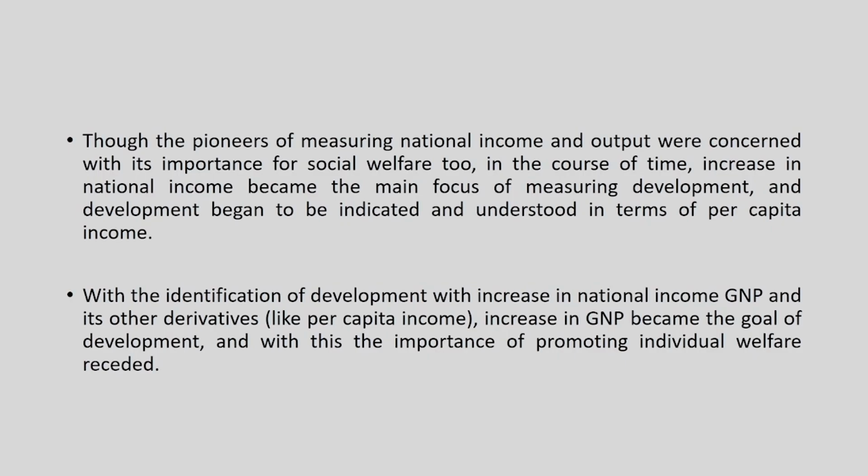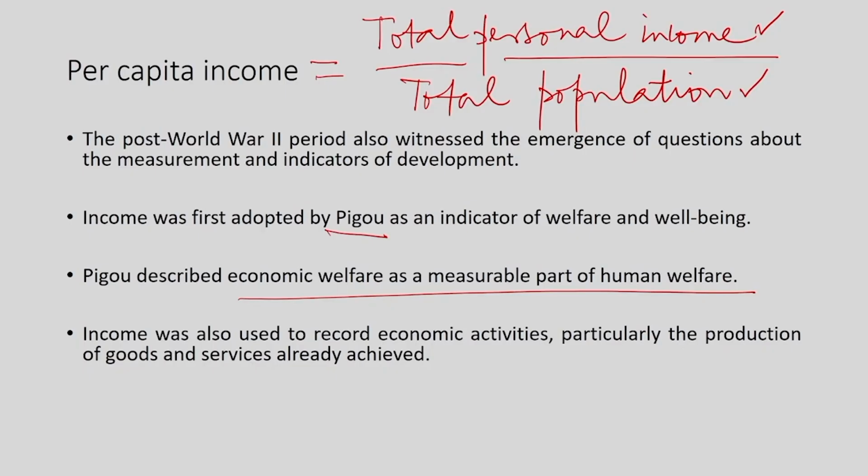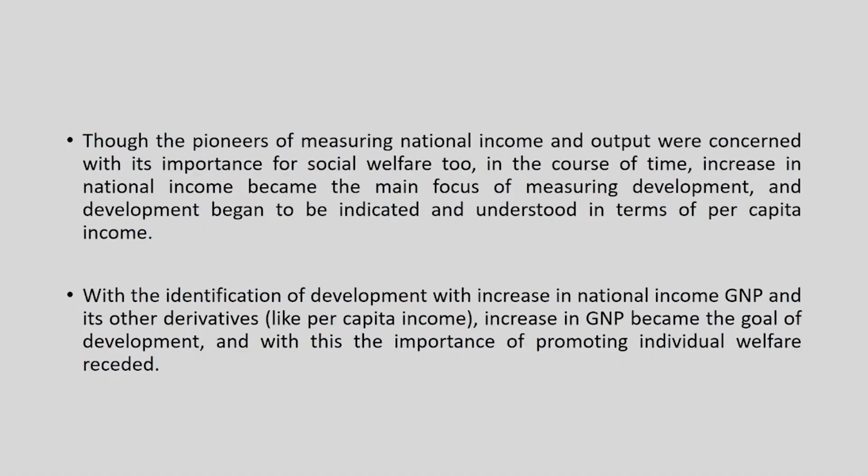That was Pigou's model, how Pigou tried to adopt income as an indicator of welfare and well-being, and how Pigou described economic welfare as a measurable part of human welfare. The pioneers of measuring national income and output were concerned with its importance for social welfare.